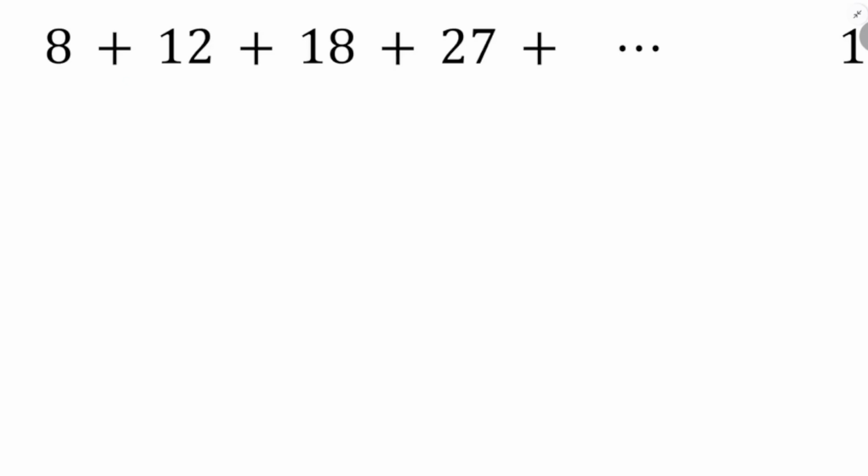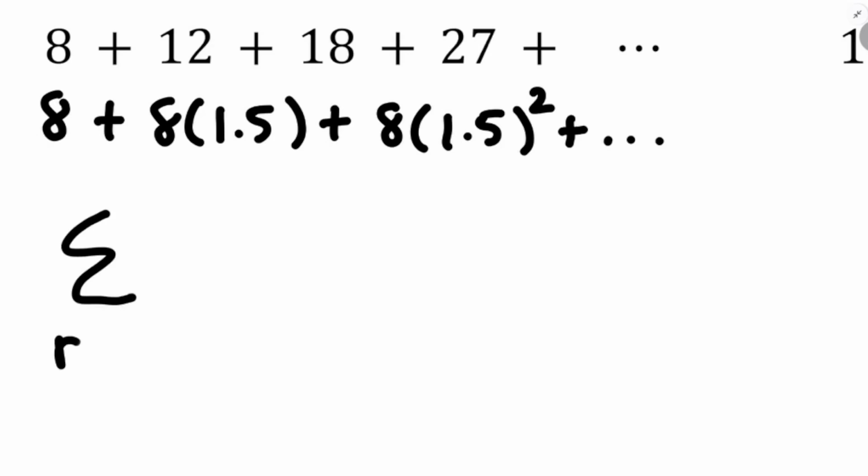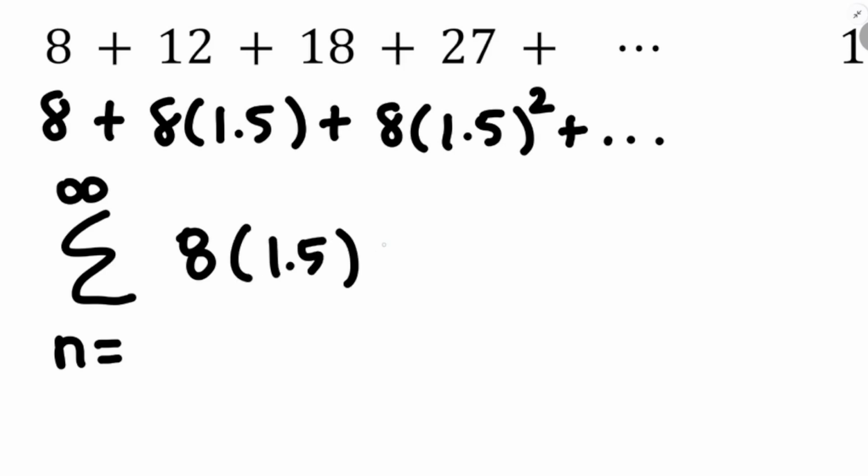So that's 8 plus 8 times 1.5, plus 12 times 1.5 is 18, so that's 12 multiplied by 1.5 a second time, that's 18, and I think that's enough to see the pattern. I'm going to write that as the sum as n runs from something up to infinity of 8 times the ratio 1.5 to the n.